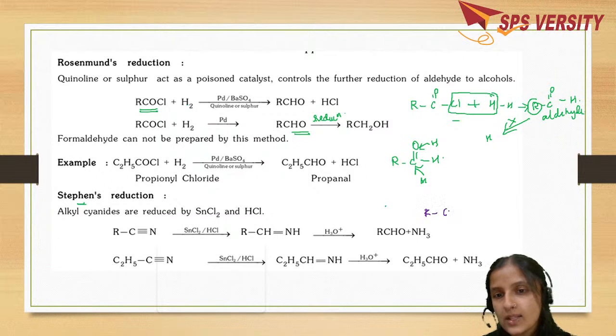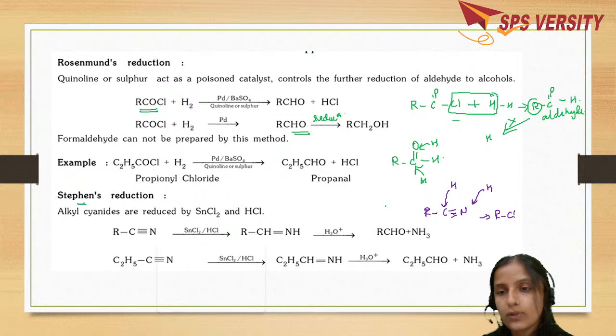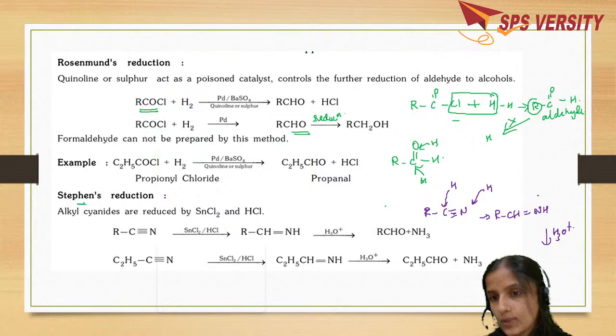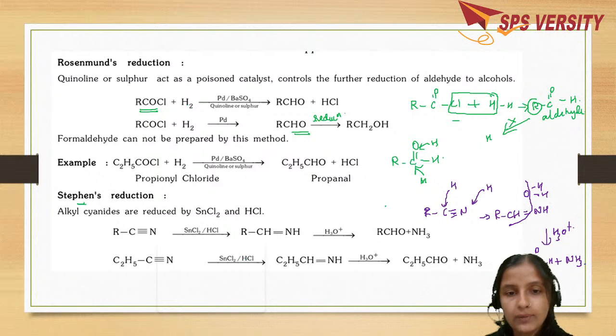So R, C triple bond N, and then the reducing agent adds the hydrogen over here, resulting in the formation of an imine, R, CH double bond NH, which on acid hydrolysis gives RCHO along with NH3 as one of the side products.